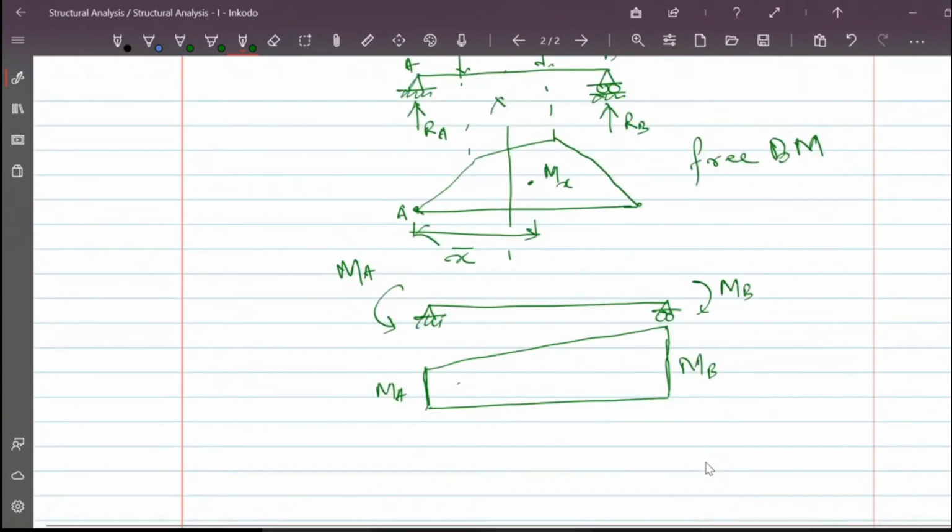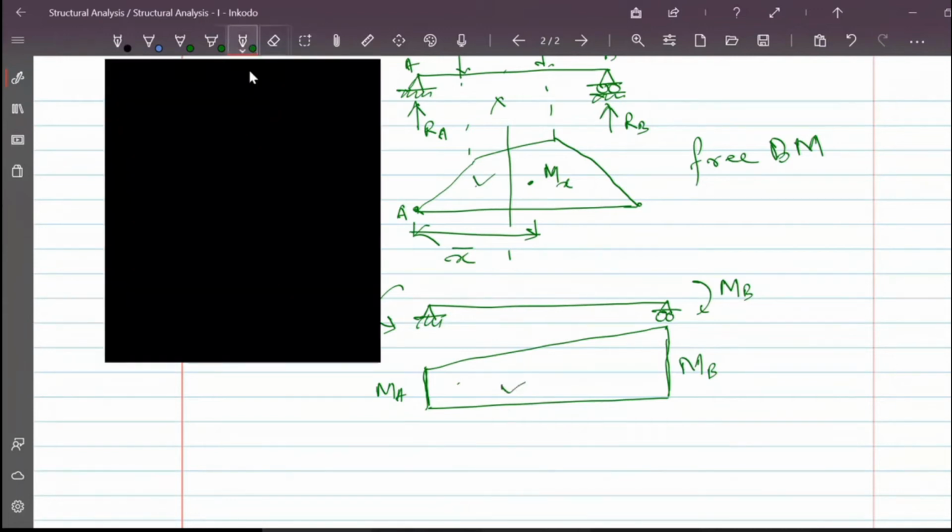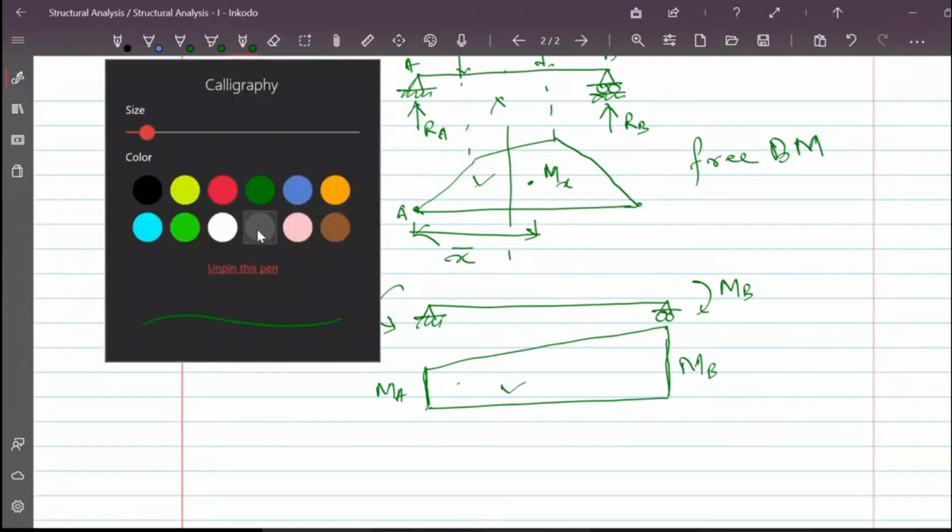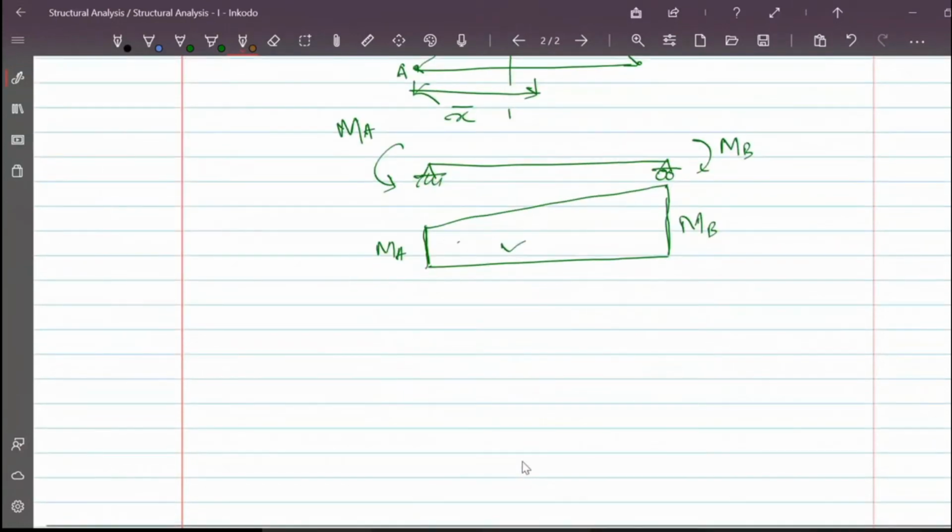Now if I combine these two bending moment diagrams, what will be my resultant? My resultant will look somewhat like this.